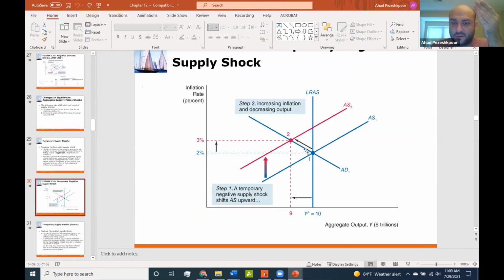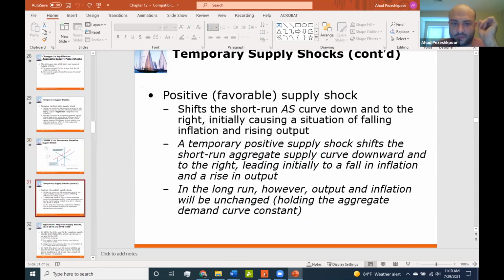Here, there is a shock. In the short run, you go here. So the temporary negative supply shock shifts aggregate supply left, therefore increasing inflation and decreasing output.